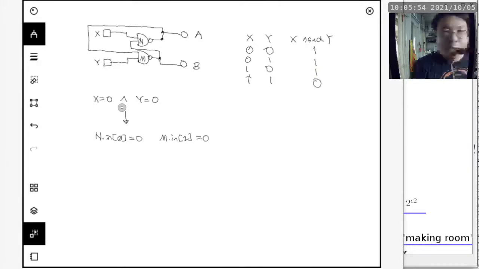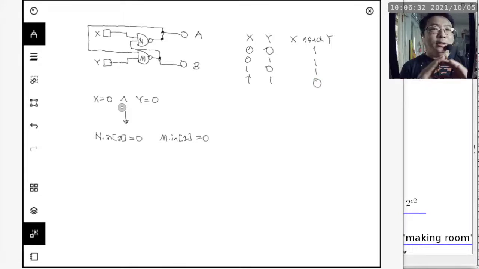The only time X NAND Y is going to get a 0 is when both inputs are 1s. If at least one input is a 0, X NAND Y is going to output a 1. So that means we have all we need to determine the output of n and m at this point, because both gates each have at least one input being a 0. According to the truth table of NAND, if I have at least one input being a 0, the whole thing is going to output a 1.